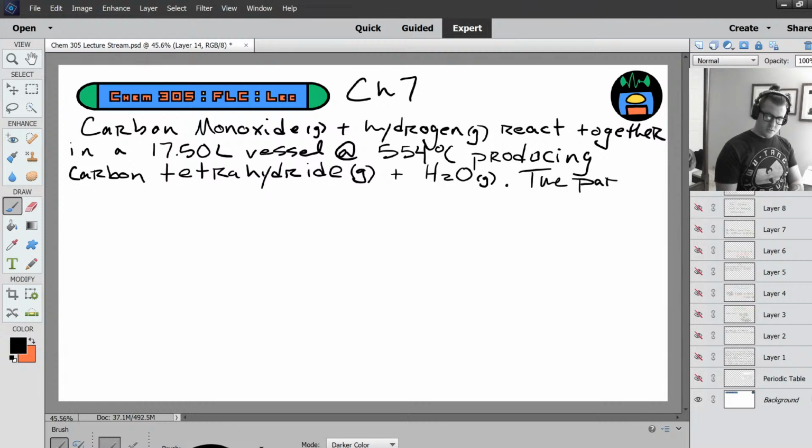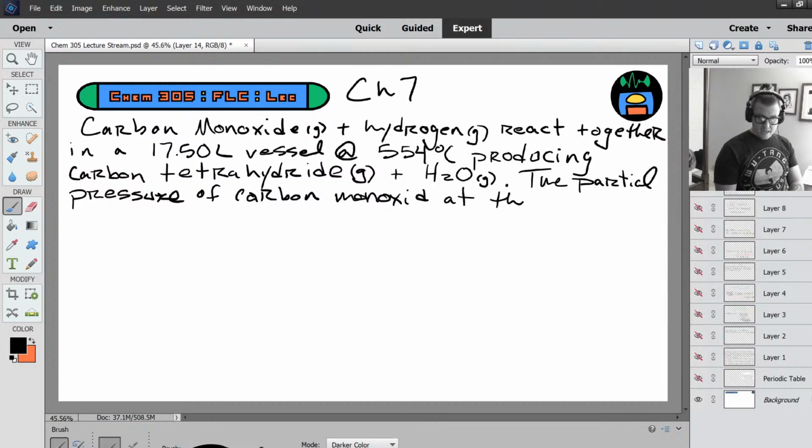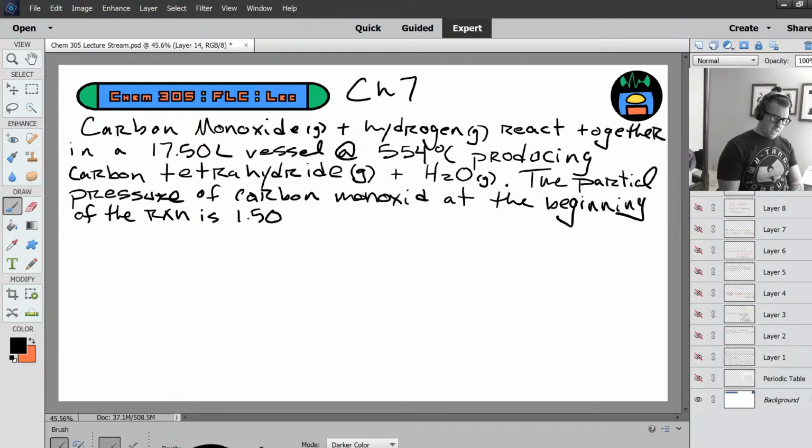The partial pressure of carbon monoxide at the beginning of the reaction is 1.50 atmospheres.